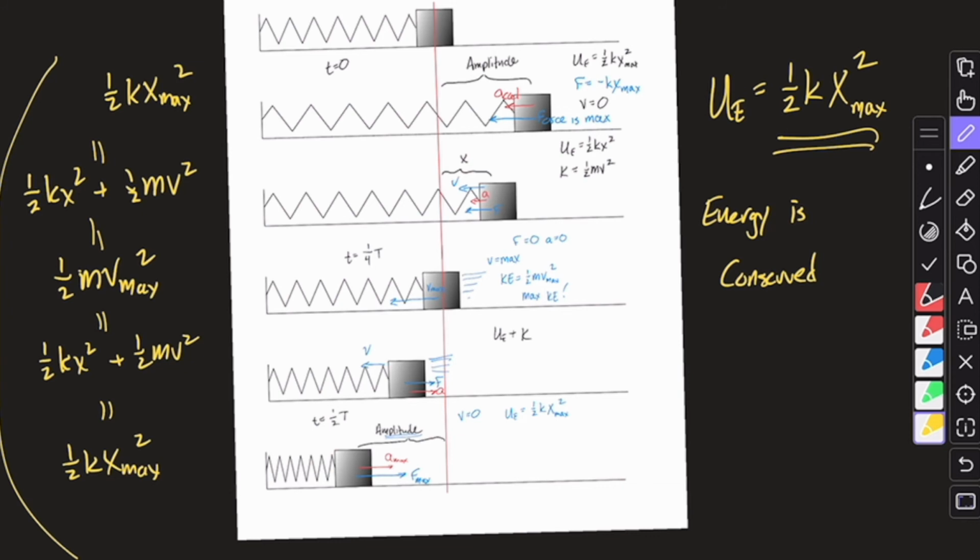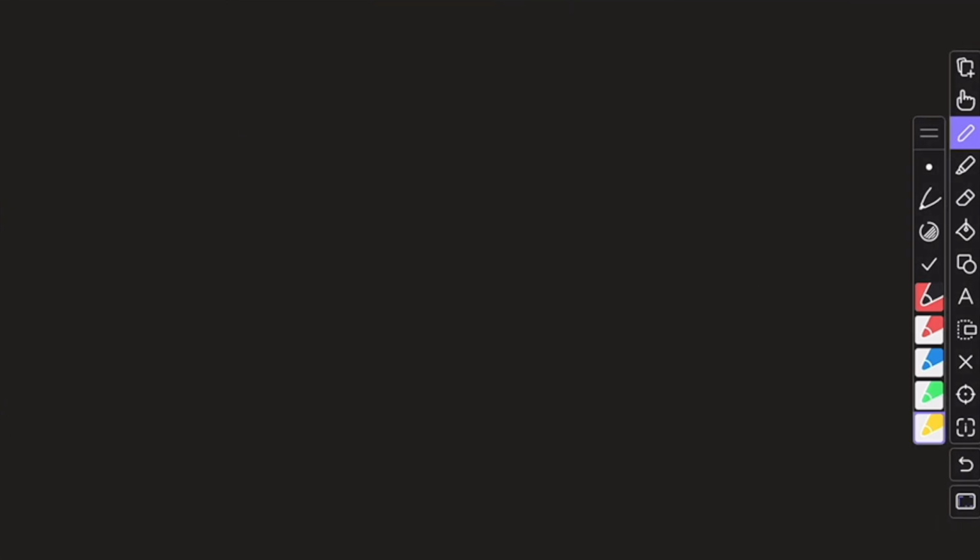Now, I want to show you something, and you guys are smart cookies, so you'll probably be able to catch on to this. So I'm going to go to a new screen here for just a minute. There was an initial amount of energy at the beginning.